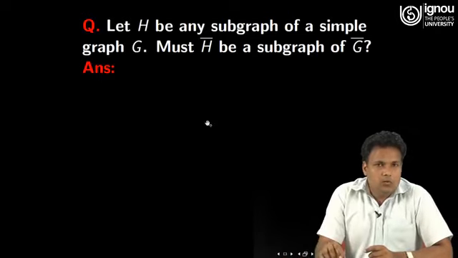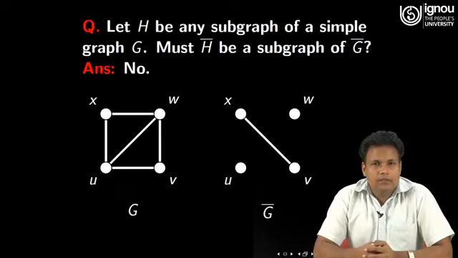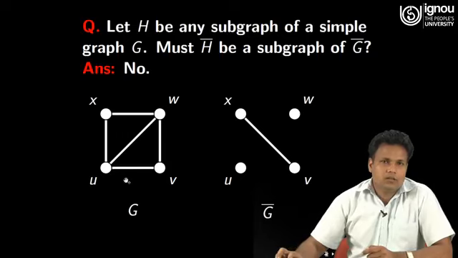The answer is no. To see a counterexample, let us consider this graph G. G has again 4 vertices and 5 edges. So, G complement has just one edge and the same 4 vertices.